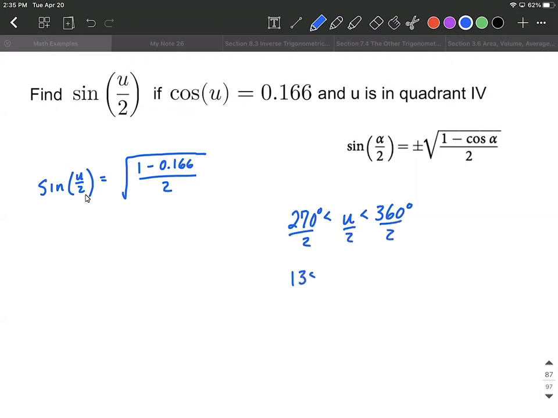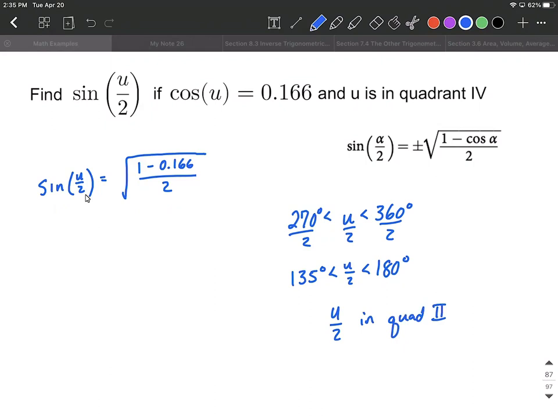So 135 degrees is less than u over 2, which is less than 180 degrees. This firmly places u over 2 in the second quadrant, because the second quadrant goes from 90 degrees to 180 degrees. So u over 2 is in quadrant 2.